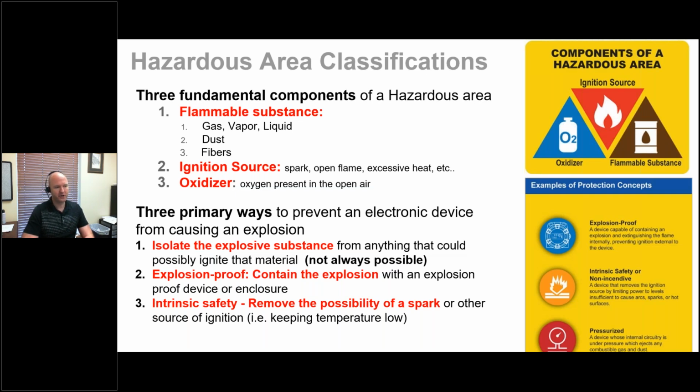And the three primary ways to prevent something like that occurring are to isolate the product, seal it in a vacuum, or put it in a container where an explosion could occur, but would actually be insulated and enclosed in that housing so that it doesn't spread to the rest of the site. You'll see some examples of some explosion-proof equipment later on in the presentation. And then the third is intrinsic safety. That's the last way to prevent this, and that's what our products fall under, is intrinsic safety ratings.